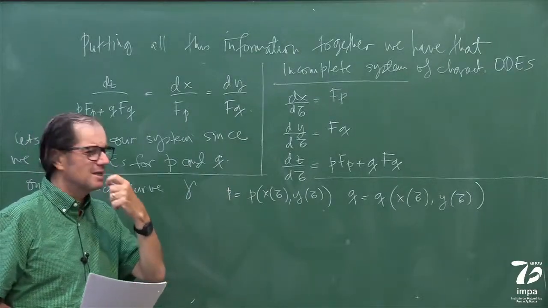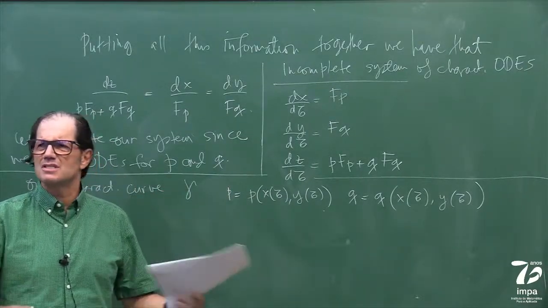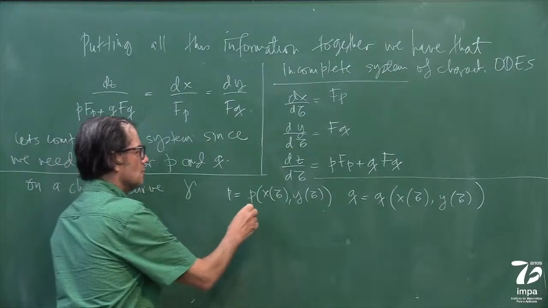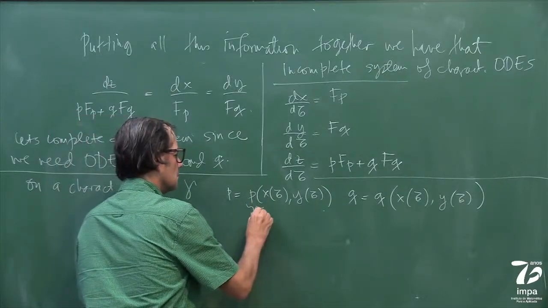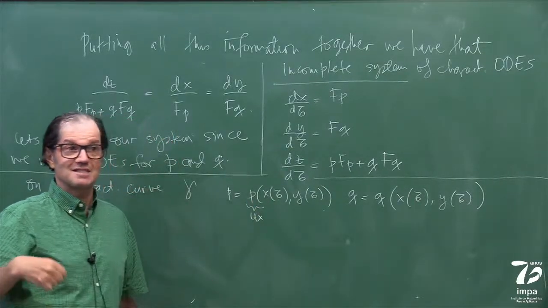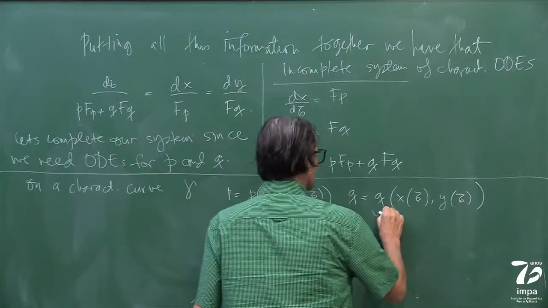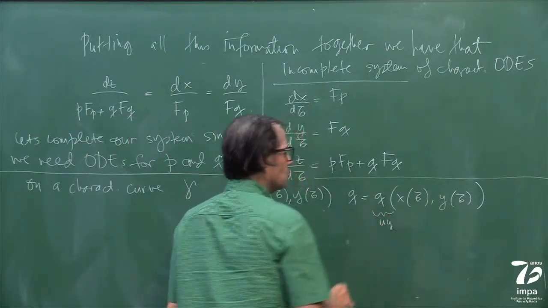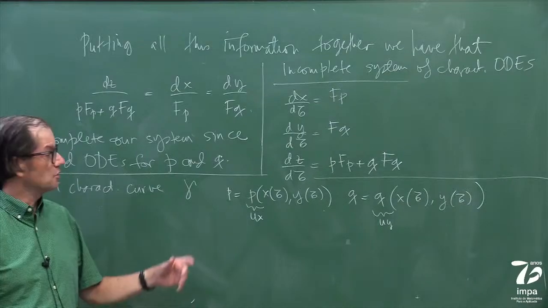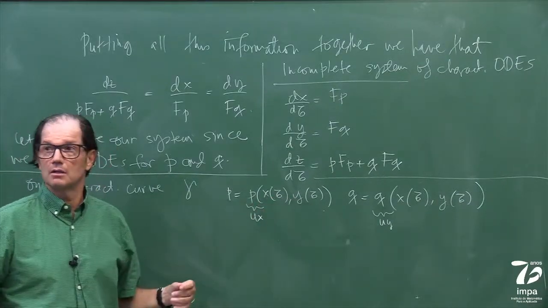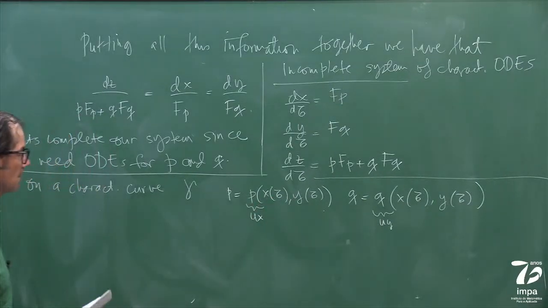Now, you might say, where is Z? No, Z is somehow here, because remember that this is U of X, which would be like Z of X, right? And this is U of Y, right? And our solution is U of X, Y. Right? No problem. Okay.